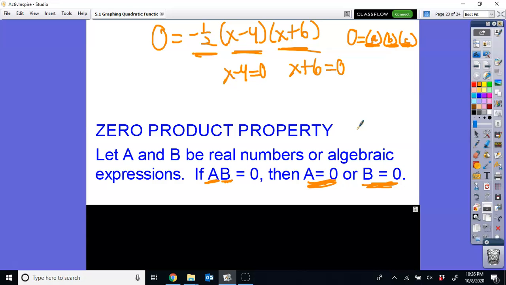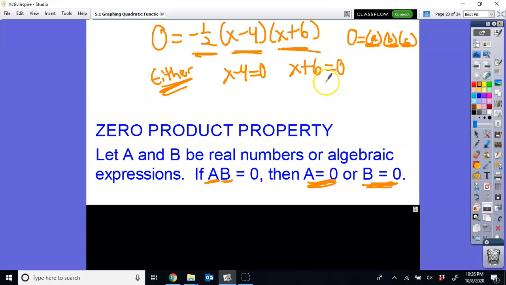When things multiply to give me 0, one of them has to be 0. And then I broke it down into 2 possibilities. Either x minus 4 is 0 or x plus 6 is 0. And these equations right here are smaller, easier equations.